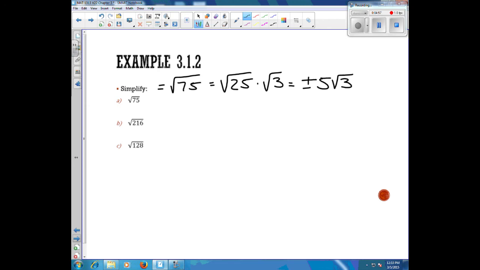Similarly, the square root of 216. The largest perfect square that divides into 216 is 36. And so we get 36 times 6. And then if we take the square root of 36, we get 6 times the square root of 6.